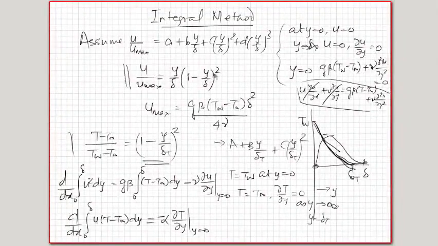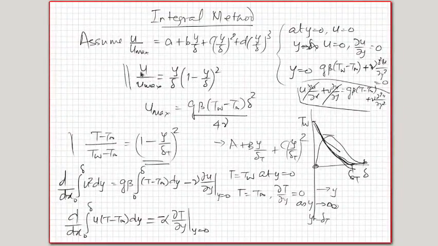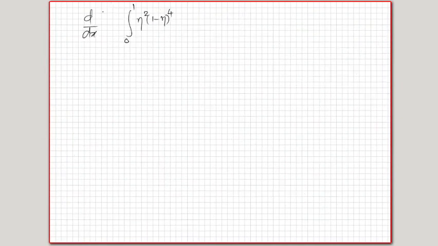This is eta and this is eta. So this square will be eta square into 1 minus eta whole to the power of 4, which is u by u max. So u max square will come out of the differential. So I'll get a u max square here, multiplied by dy. Actually, if I write it as d eta, then a delta will also come out here. So this will be my first term on the left-hand side.